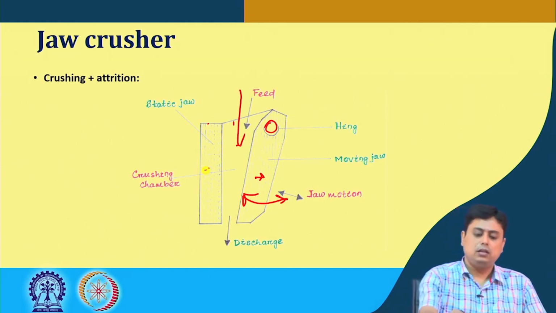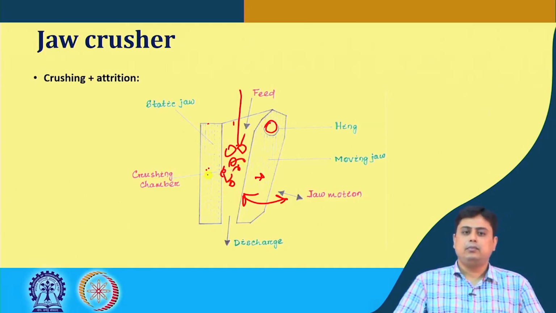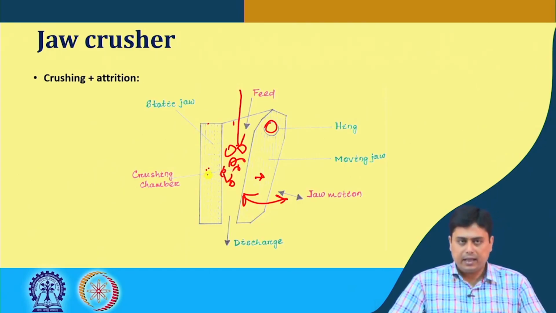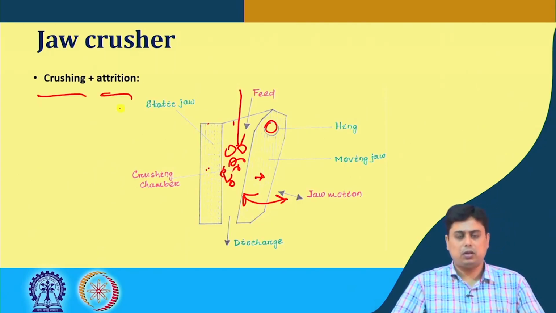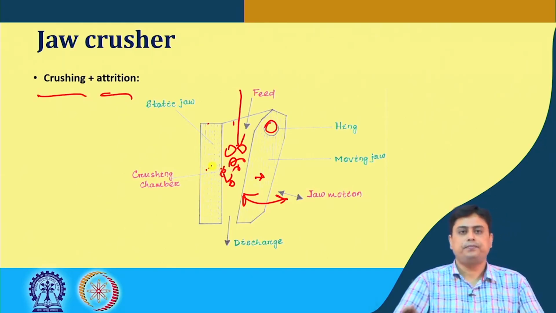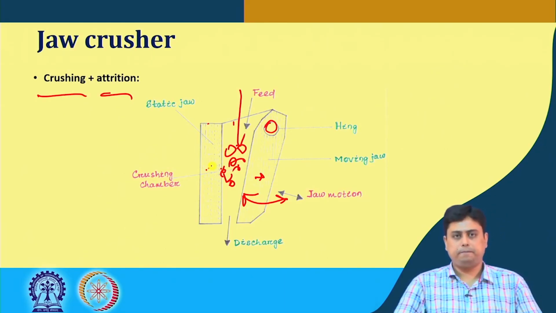Now, since there can be multiple particles, if there are different size ranges, the mechanism that is involved is the crushing plus attrition: attrition between the solids and the surface, and the crushing between two solid surfaces.